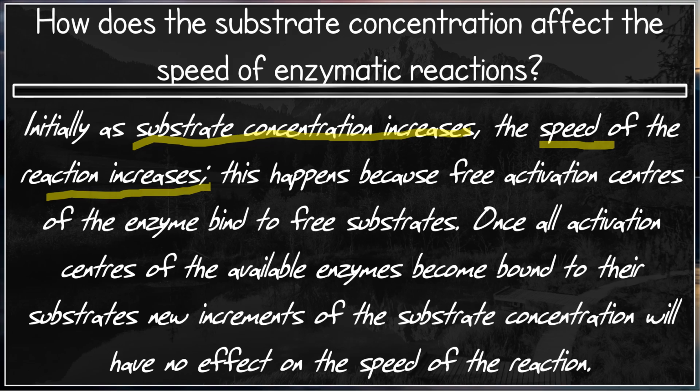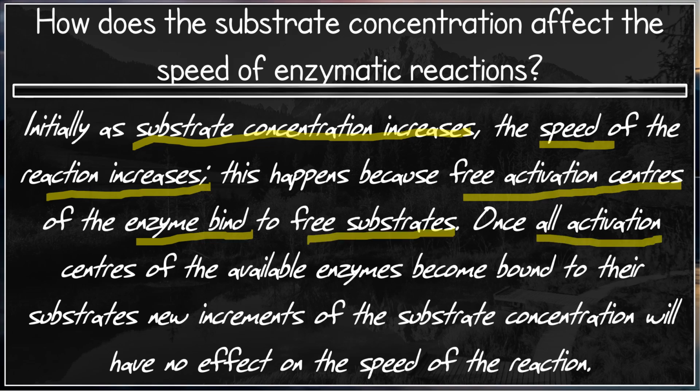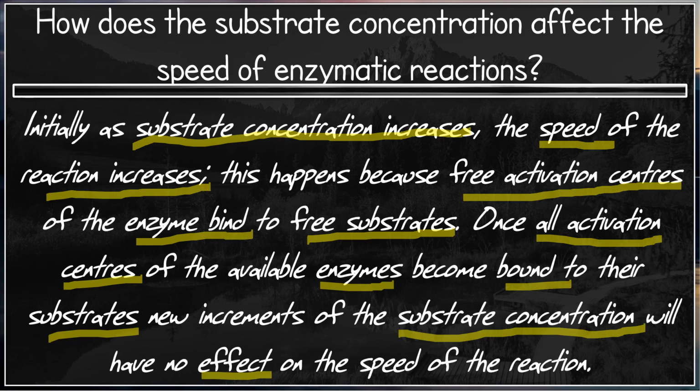It happens because the free activation centers of the enzyme bind to free substrates. Once all the activation centers of the available enzyme become bound to their substrate, a new increment of the substrate concentration will not affect the speed of the reaction.